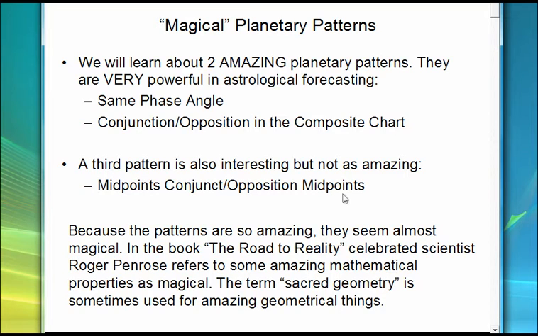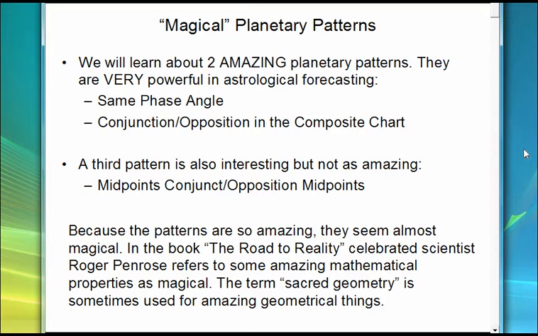Now, because these patterns are so amazing, they almost seem magical, and this idea of magical qualities is a term even scientists use sometimes. In the book The Road to Reality by the celebrated scientist Roger Penrose, he refers to some of the amazing mathematical properties as magical. I mean, not magical like really magic, but they're just mind-boggling.